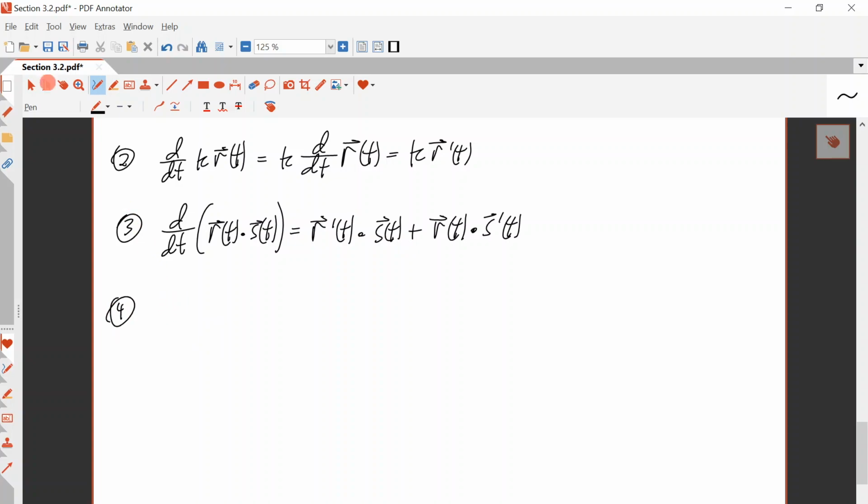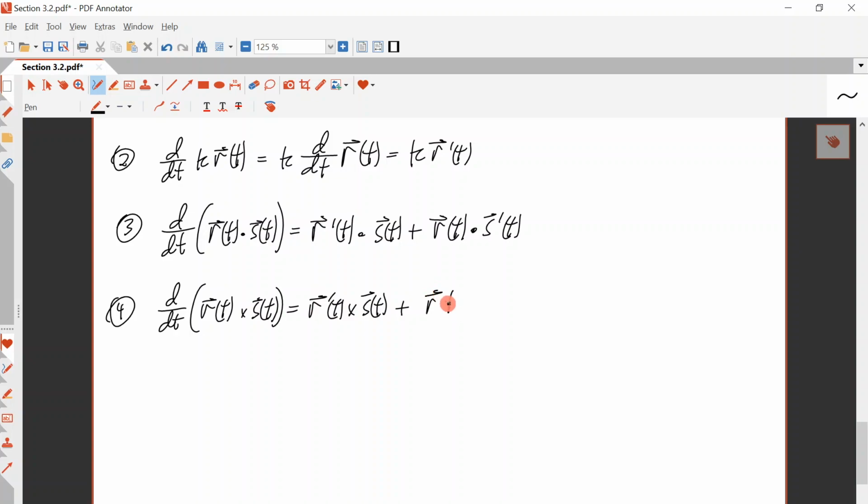We could do the proof, write that out formally. Why don't we do that? For number 4, with cross products, it does the same. Now, proving that's going to take more writing. So we won't actually write that one out.